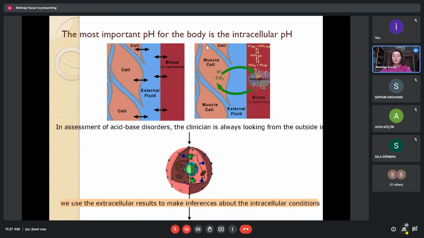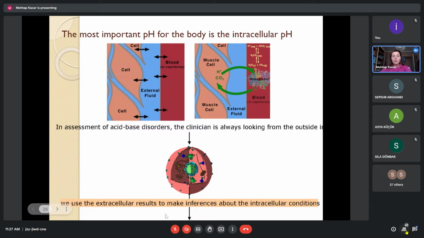The most important pH for the body is intracellular pH. In assessment of acid-base disorders, the clinician is always looking at the outside pH, of course.